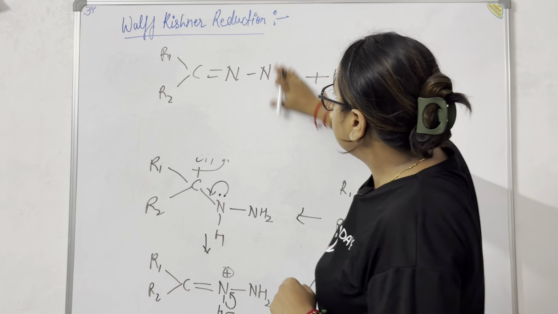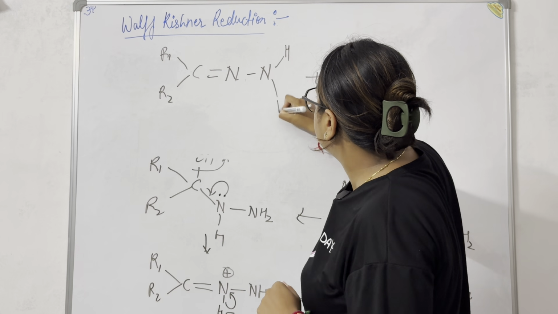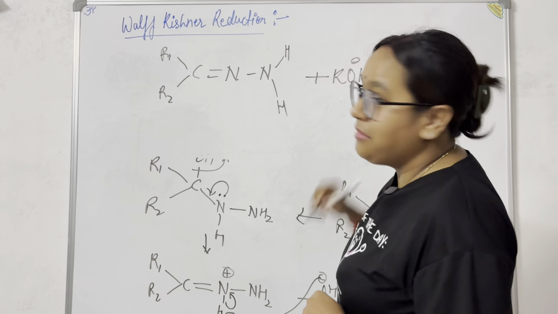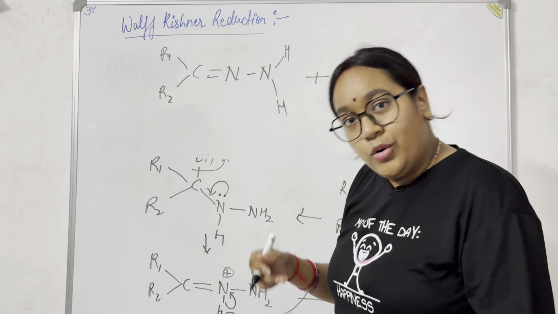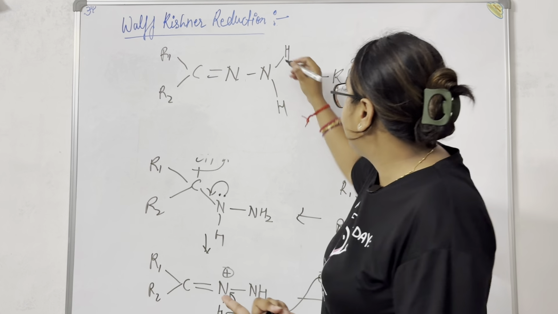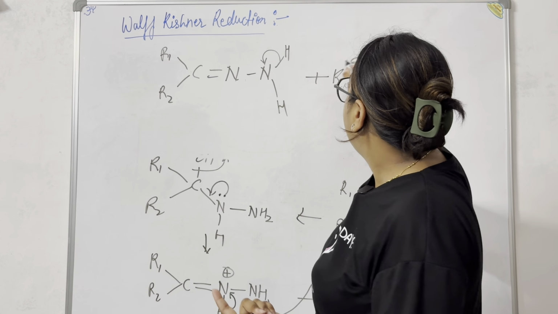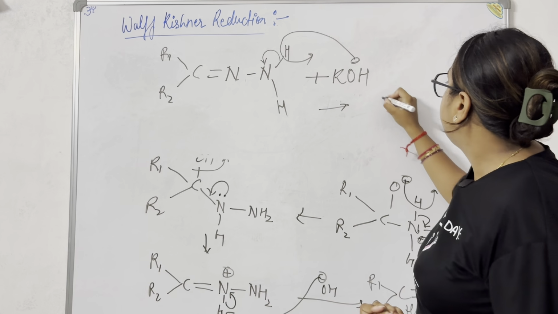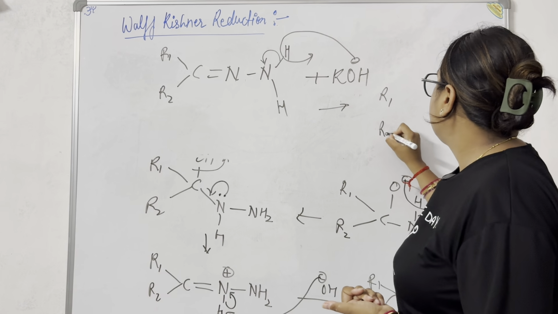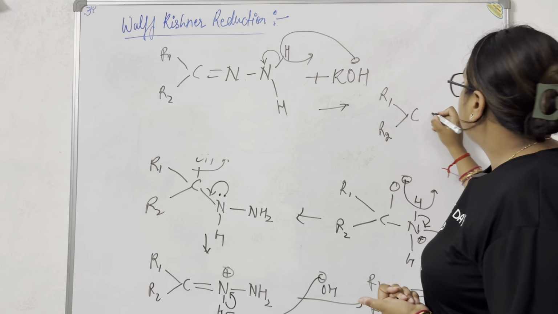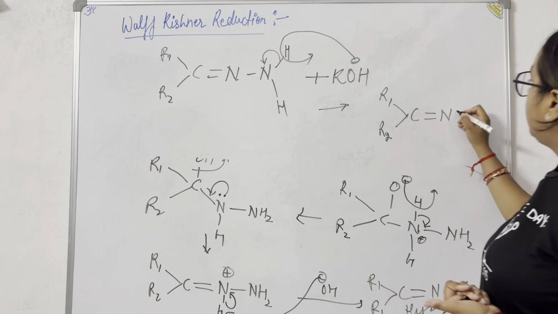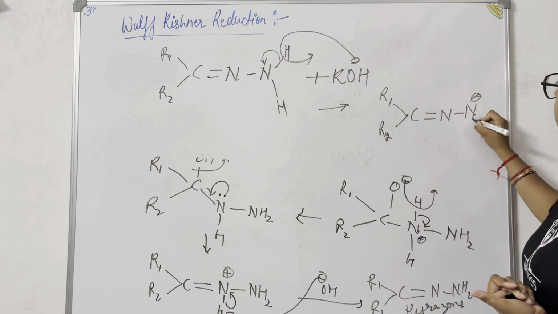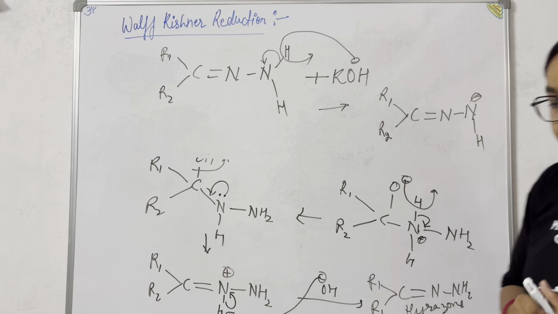This OH negative again forces the hydrogen to give its electron to nitrogen and it grabs it. Then again R1, R2, carbon doubly bonded to nitrogen, this nitrogen having a negative charge now, and this H atom.